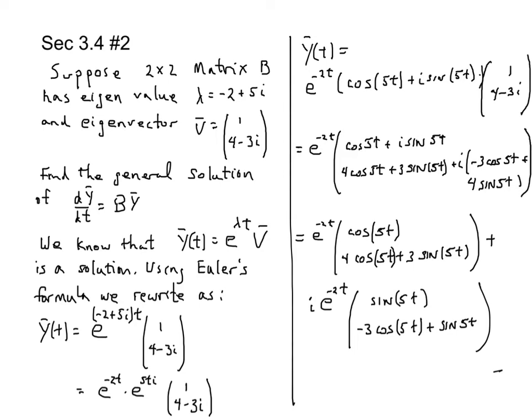Added to that, the things that have the imaginary part, so i times e to the minus 2t, and here again I need to be careful. I have a sine of 5t, that is correct, but I am missing the number 4 right here. And so minus 3 cosine 5t plus 4 sine 5t is the imaginary part.